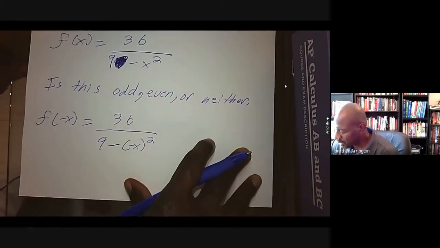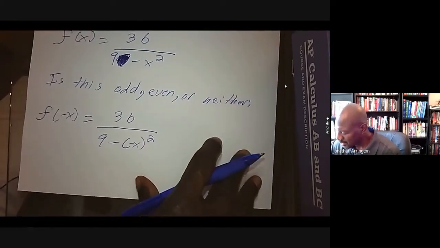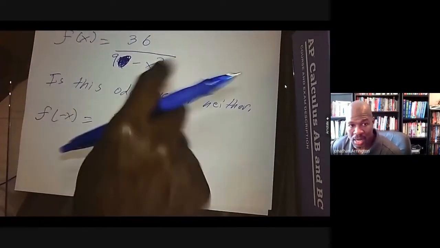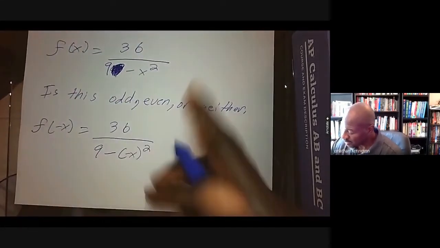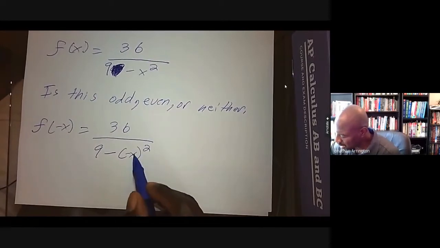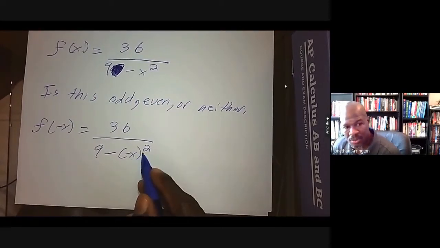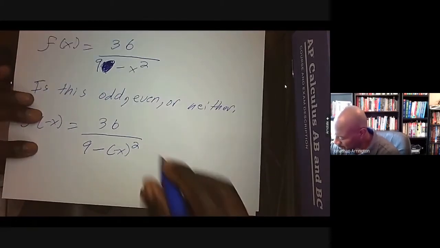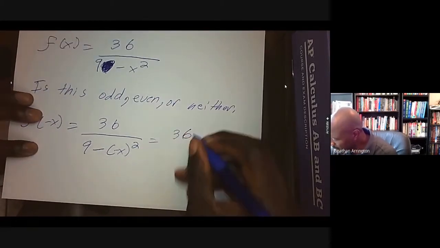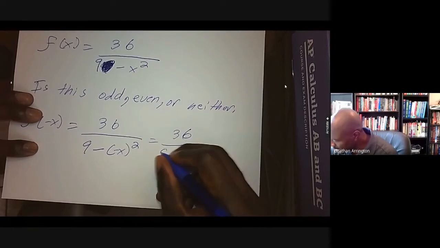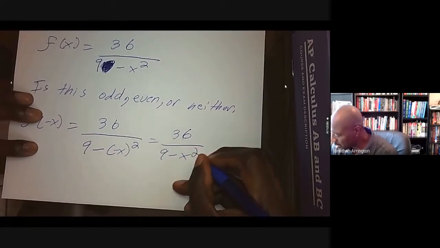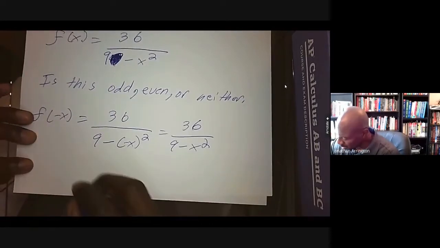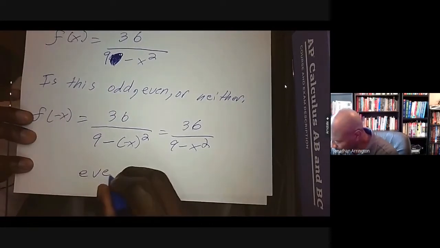Now, this is not a polynomial function, this is a rational function. But the fact that our only x value is raised to an even power, we know that when we plug in that negative x, we're going to get the exact same thing. So this is going to be 36 over 9 minus x squared. So again, we do get f of x. So this is an even function.